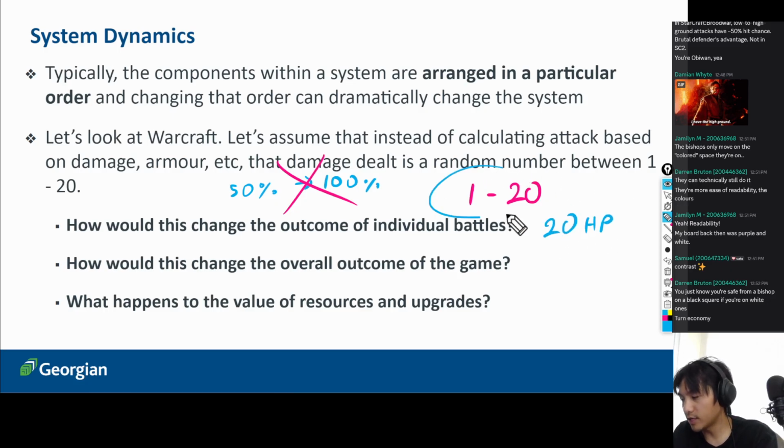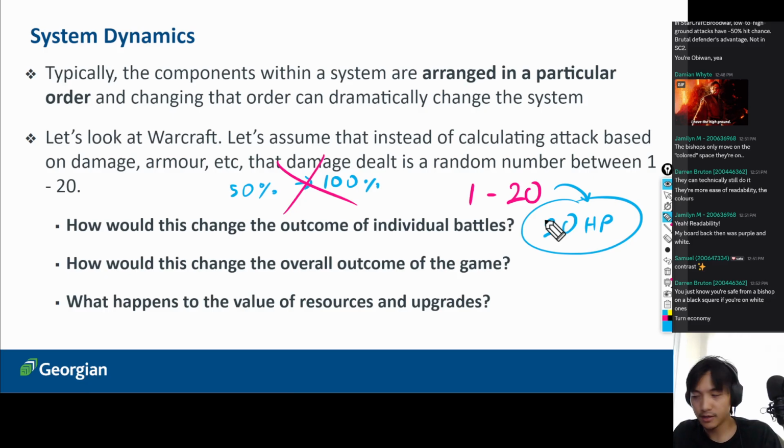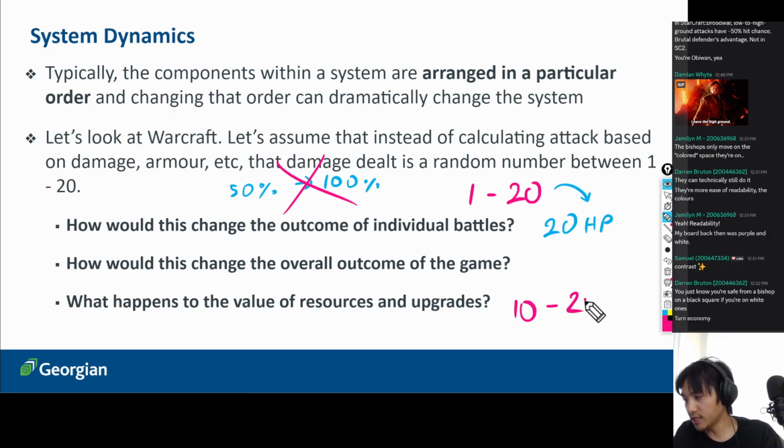So every time somebody attacks, there is an amount of pain, an amount of loss of hit points to the receiver of the attack, equal to this random dice roll, and the variance of this has changed. So previously, where it might have been 10 to 20, now it's 1 to 20, right?